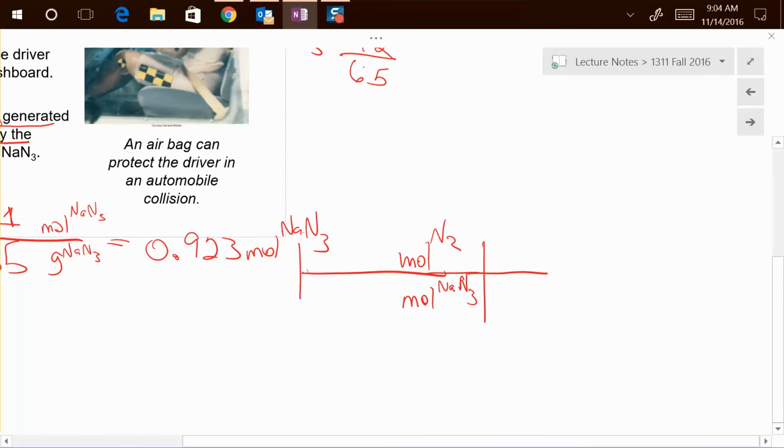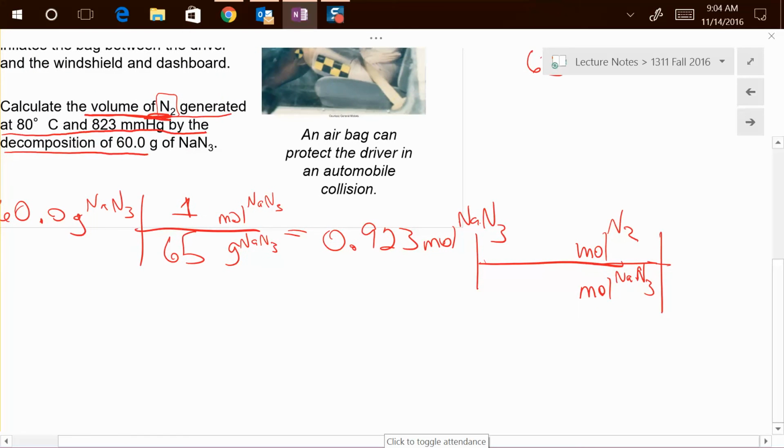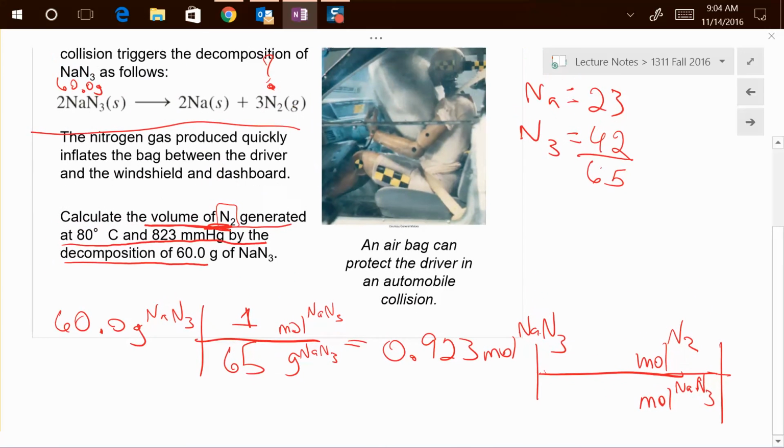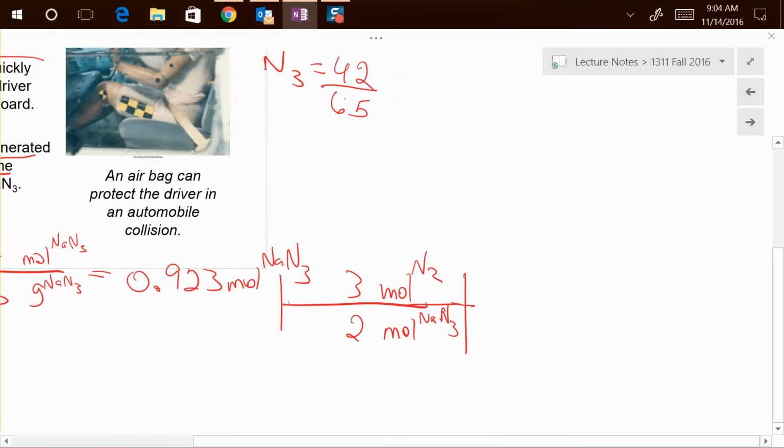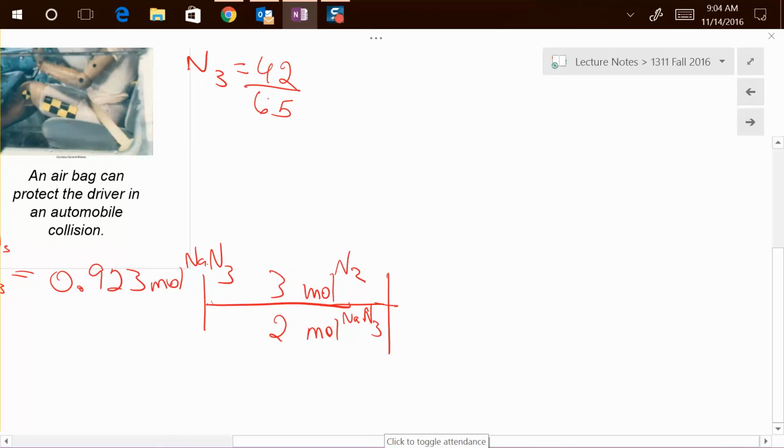So that could be my first step. All right, that's one way to do this. So I could look at my balanced chemical equation. I have 3N2 for every 2 of these. Okay, so let's find out what that is. How many moles of N2 are produced? 1.38.